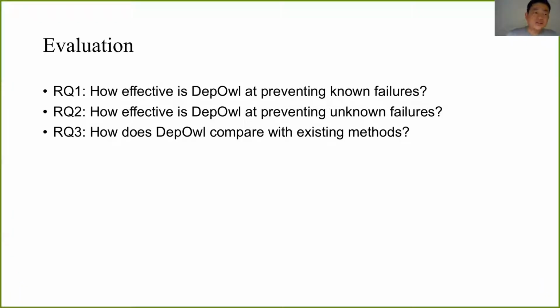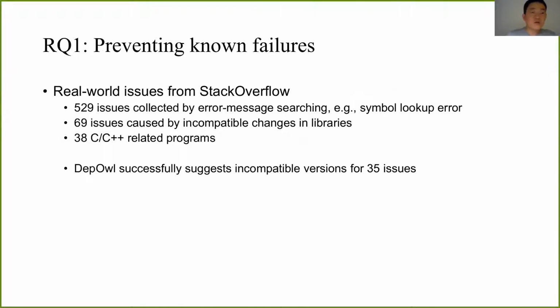We evaluate DepOwl by answering 3 research questions. How effective is DepOwl at preventing known and unknown failures? How does DepOwl compare with existing methods? We use real-world issues from StackOverflow to evaluate if DepOwl can prevent known failures.